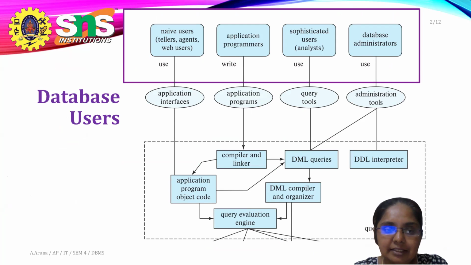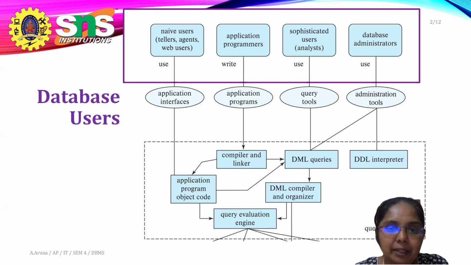In this lecture, we will see who all the users of the database are. There are four major users going to use the database. One is the naive user. That particular person may be a teller, agent or a web user, and he is going to use the API to interact with the database. The next type of user is the application programmer.